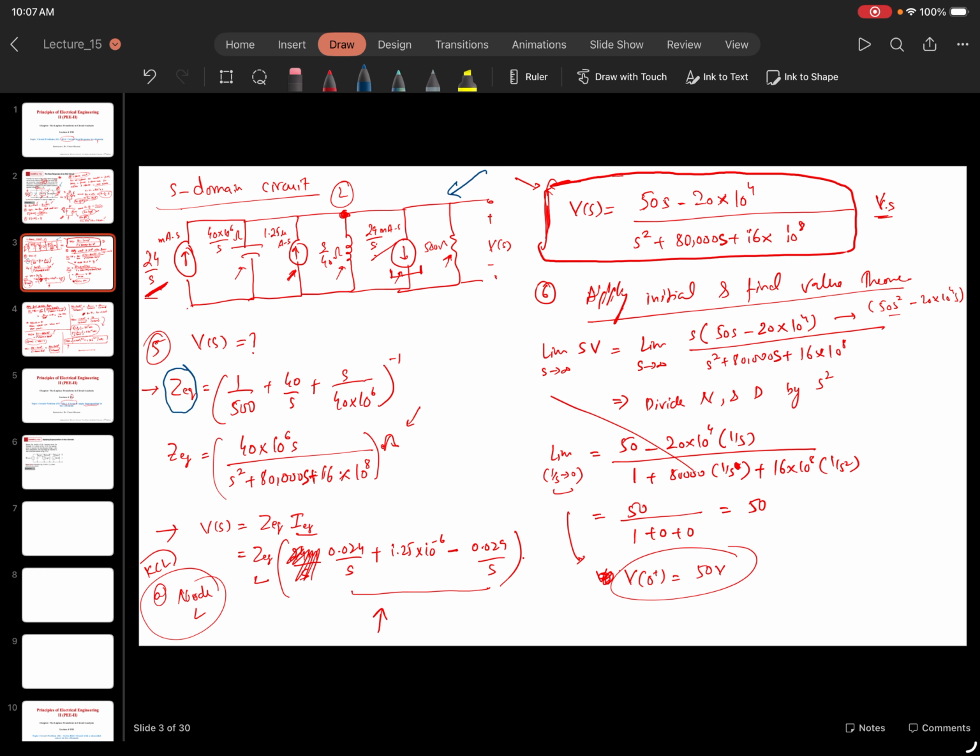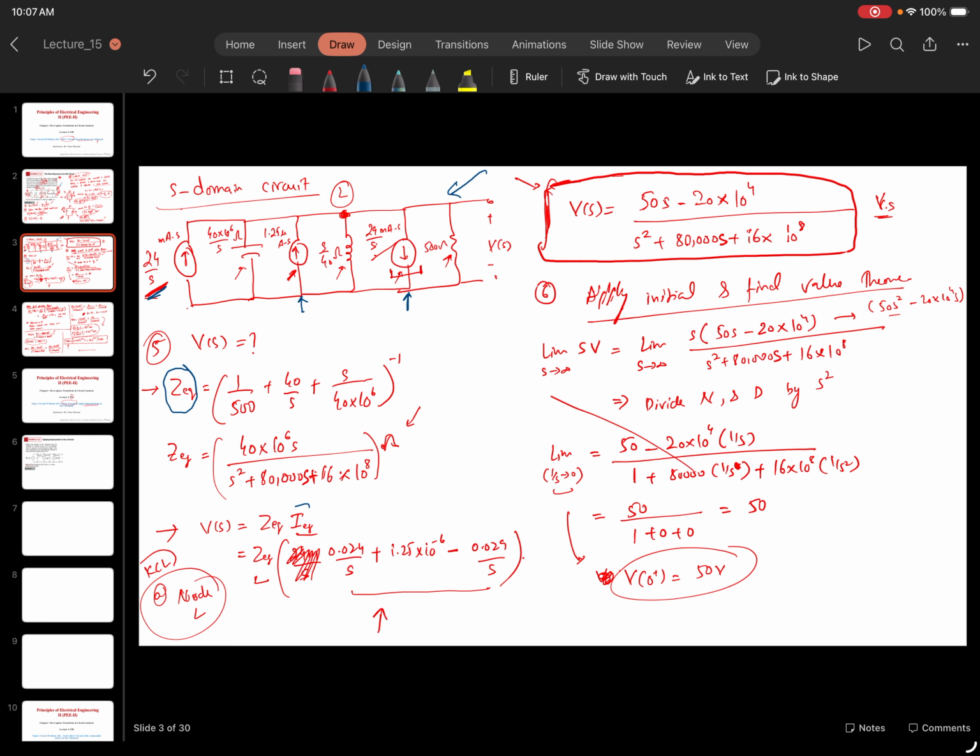One was the original current source that came after the switch closes, and the two other sources of energy, if you will, came when we modeled the capacitor and the inductor in the S domain with their initial energies. So these two current sources came due to the capacitor and the inductor modeling in the S domain.